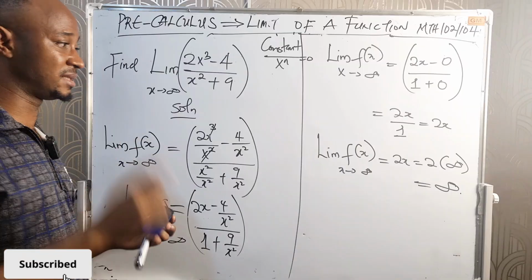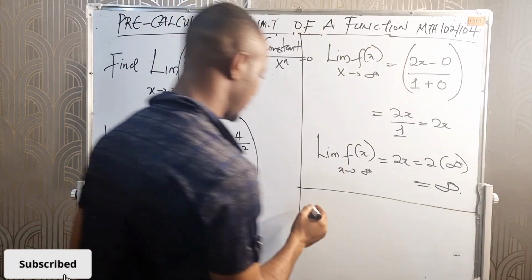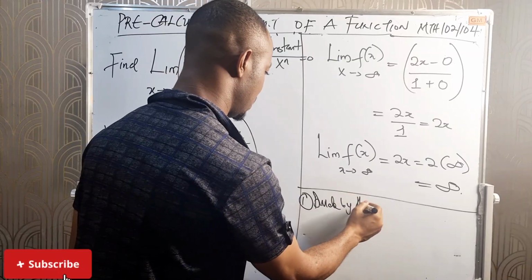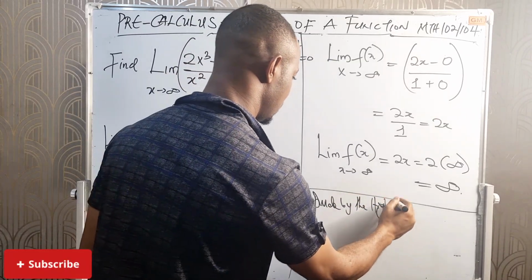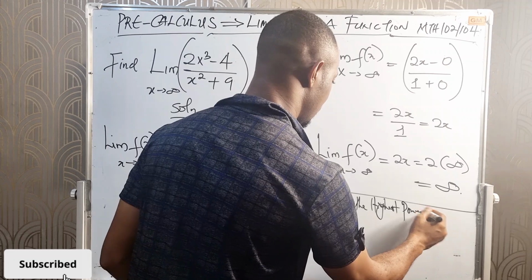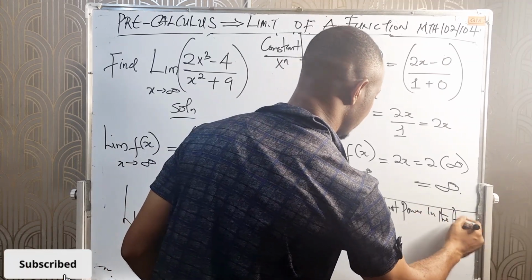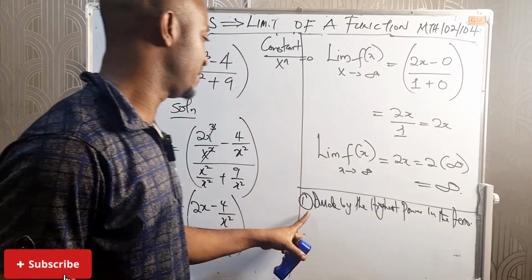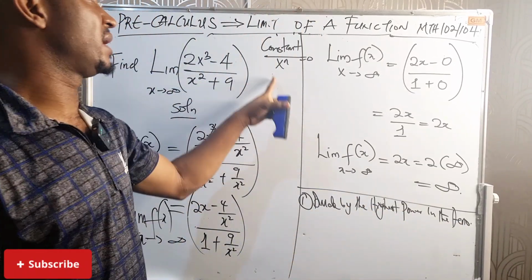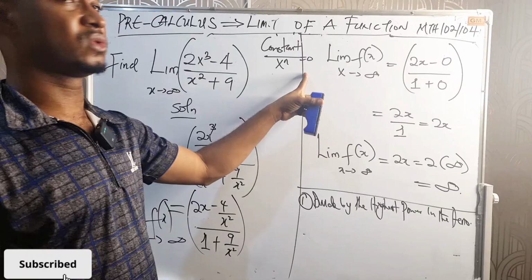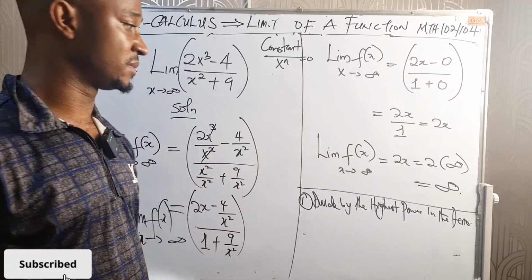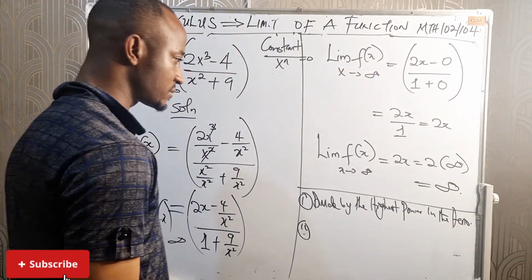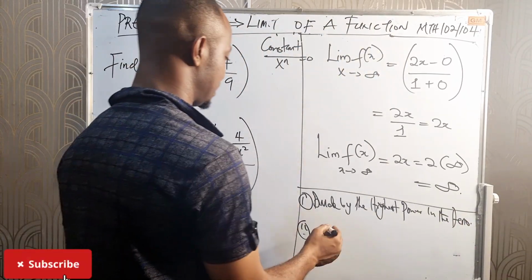But I gave us a rule: the first rule is to divide by the highest power in the denominator. The reason I say that is that if you divide by the highest power in the denominator, it will give you constant over x to the power of n, which you can convert into 0. Am I communicating here? Number 2 is that when you divide by the highest power of n, we say set your constant, right?